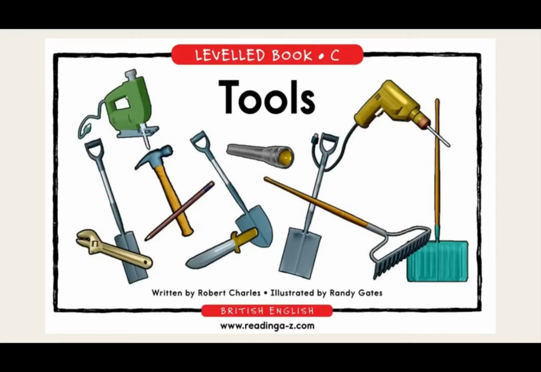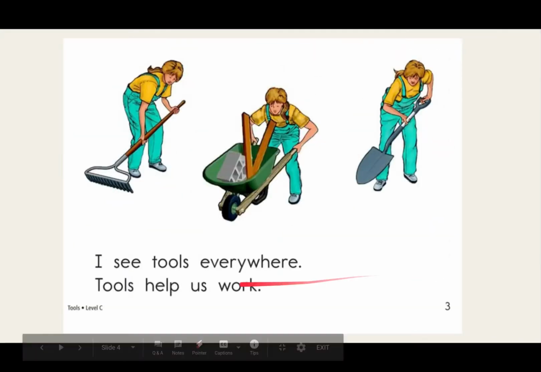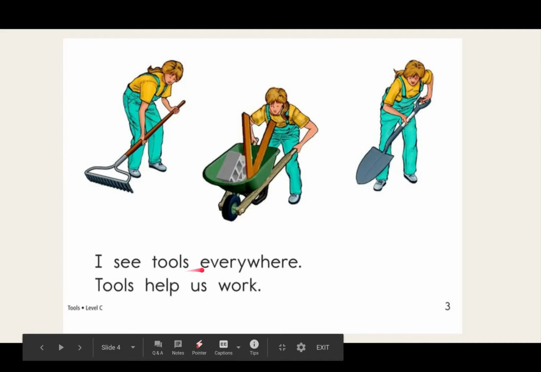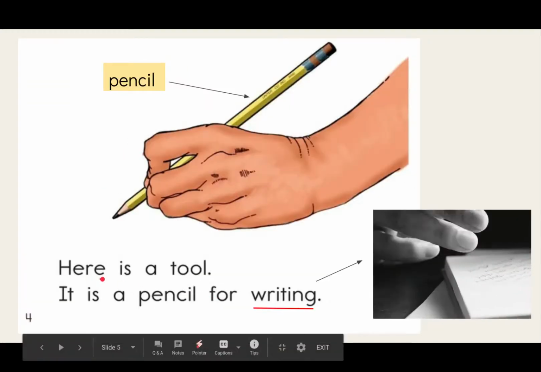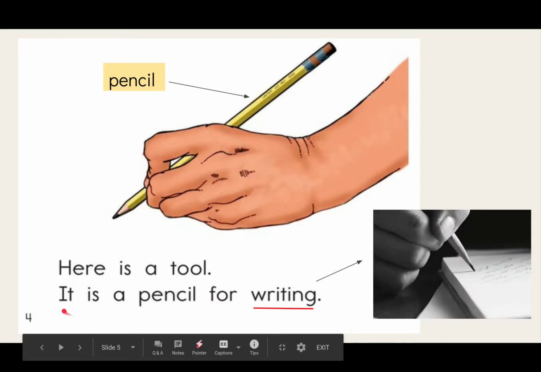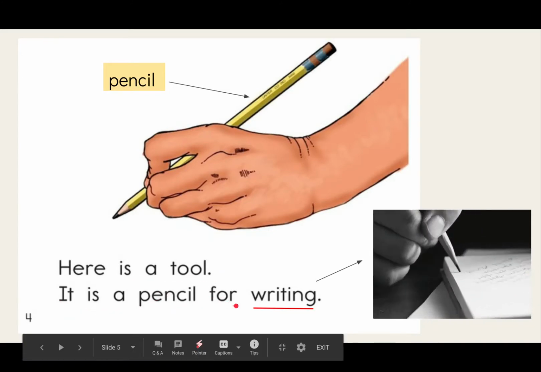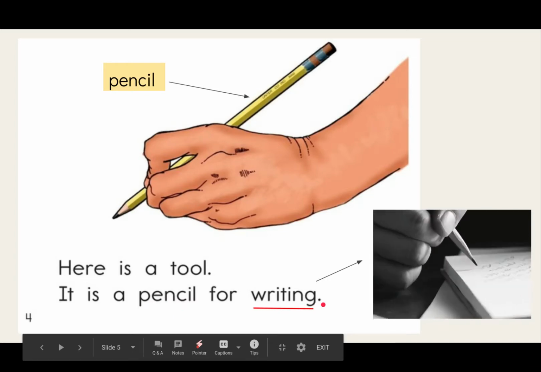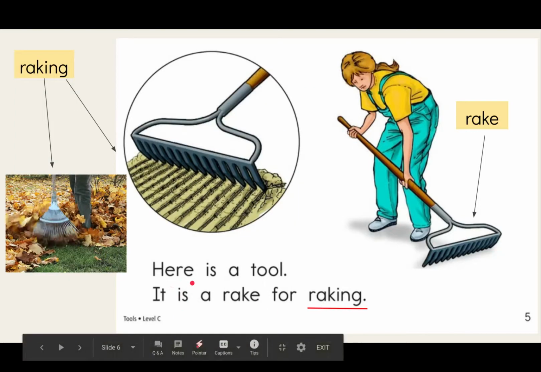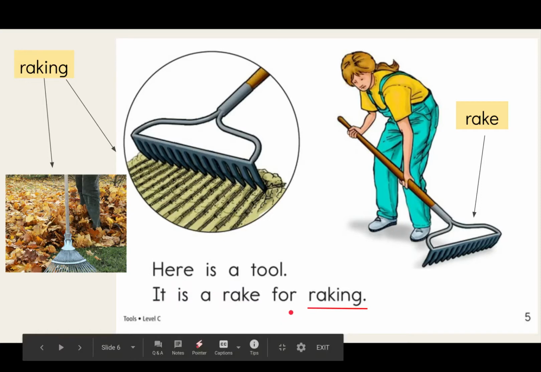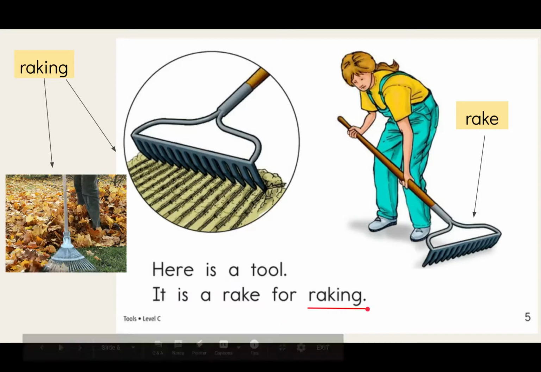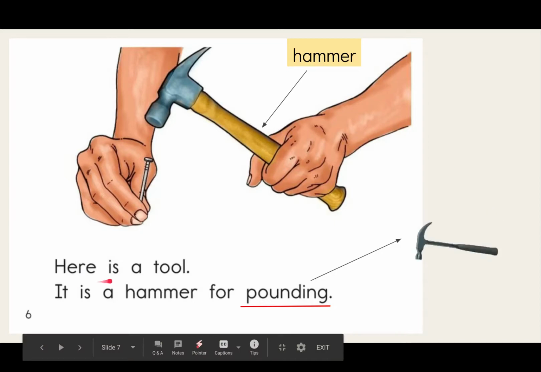Written by Robert Charles, illustrated by Randy Gates. I see tools everywhere. Tools help us work. Here is a tool. It is a pencil for writing. Here is a tool. It is a rake for raking. Here is a tool.